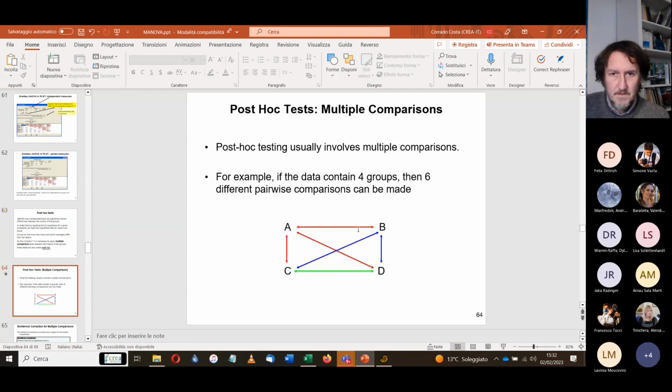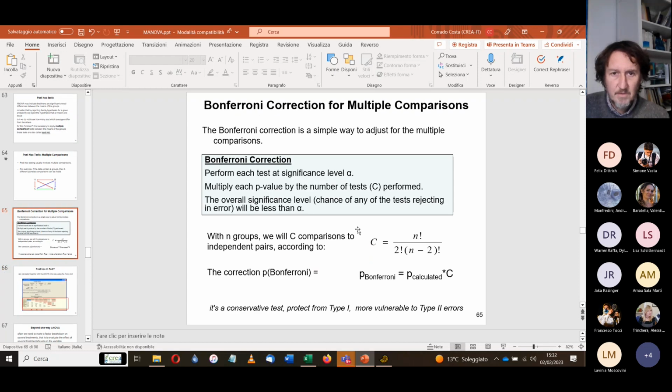We have observed the post-hoc test, so paired comparisons. Just a few words on the Bonferroni correction. Bonferroni correction is always used when you have many comparisons and few observations, such as in that case.